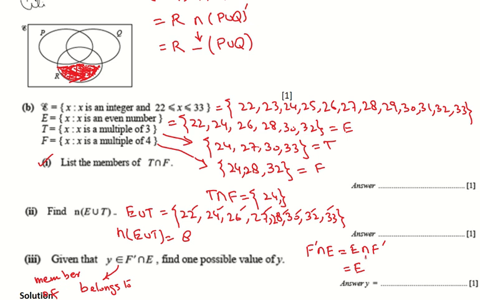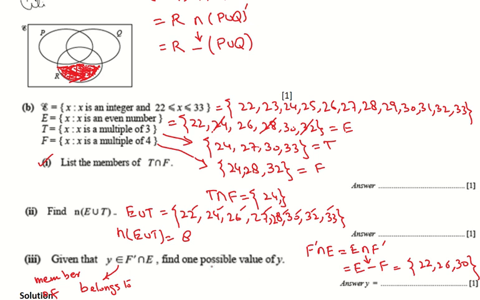Now change the intersection sign to negative and remove the complement from F. E minus F means we remove all the elements of F from E. 24 is an element of F, we remove it from E, and 28 is an element of F, we remove it, and 32 also. So the remaining elements in E are 22, 26, and 30.